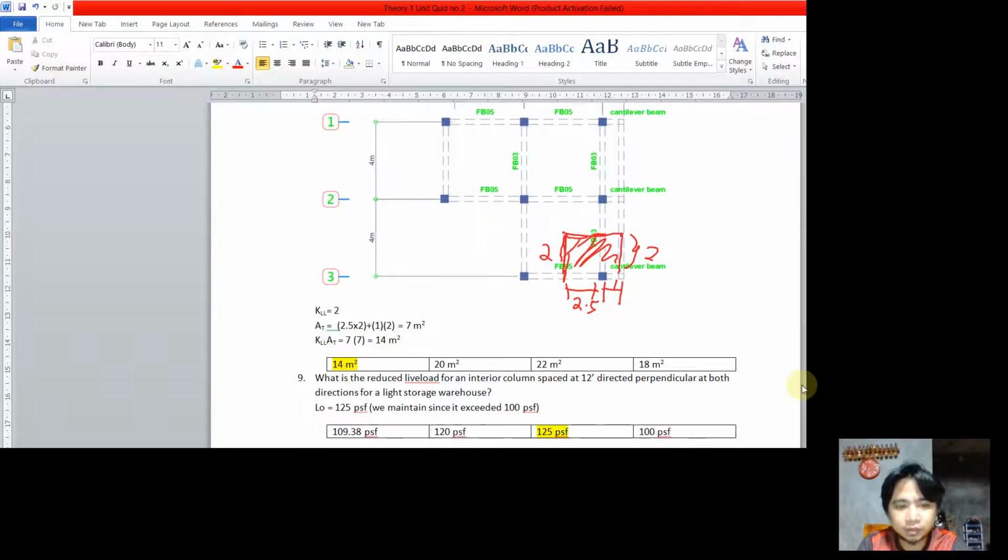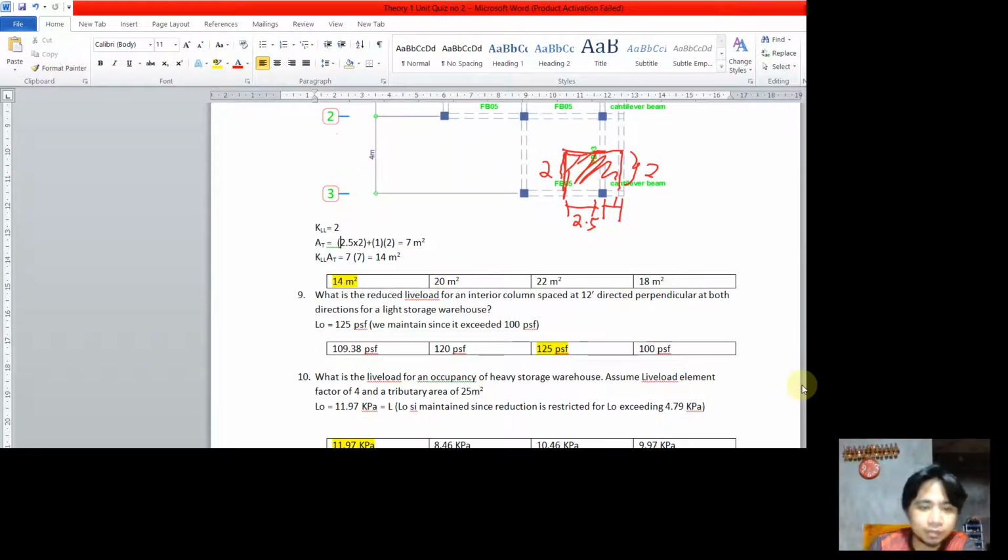Okay, next. For the 9th problem, what is the reduced live load for an interior column spaced at 12 feet perpendicular in both directions for a light storage warehouse? So referring to the table, the original or unreduced live load is equivalent to 125 PSF.